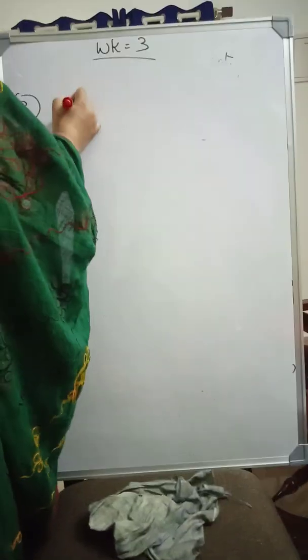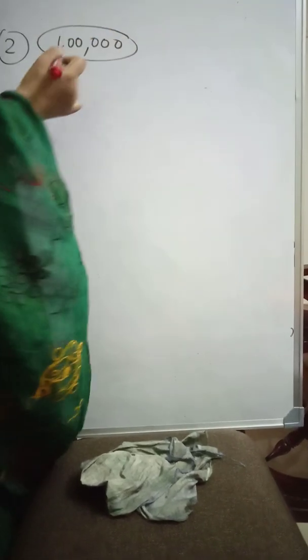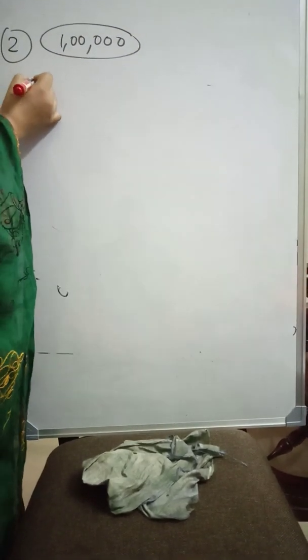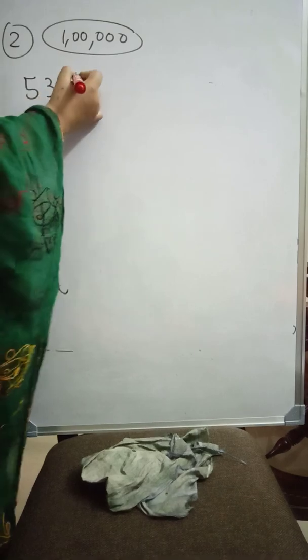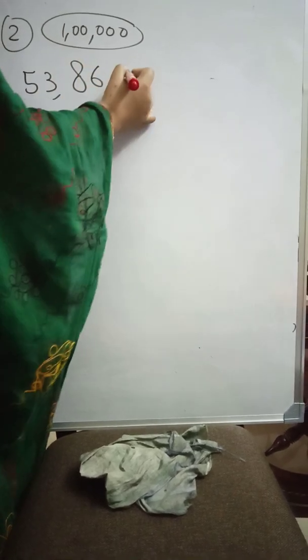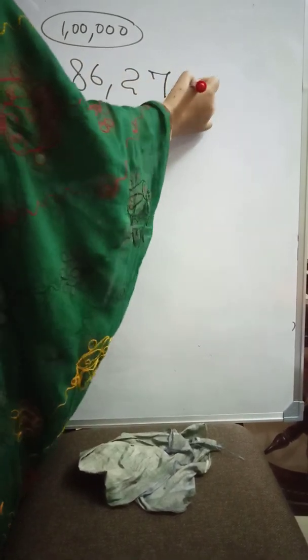Question number 2 is: round off to the nearest lakh. Okay, so round off the following numbers to the nearest lakh. Nearest lakh में digit को rounding off करना है, right? For example, 53,86,279 ये नंबर है.